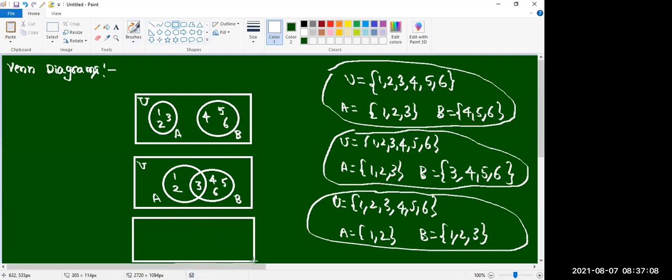You see carefully. If you go for the third condition, here 2 will be in common. The universal set is here, and one set is here like this.